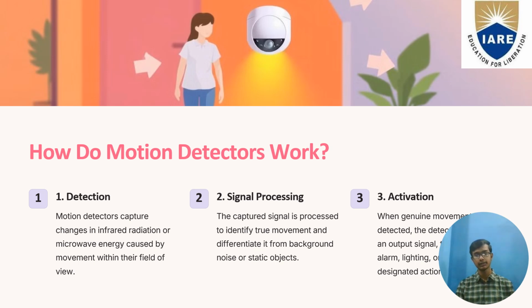The third step is activation. When genuine movement happens in their view, they get activated, which means they receive a signal of movement and then ring an alarm or turn on a light or give some other signal.